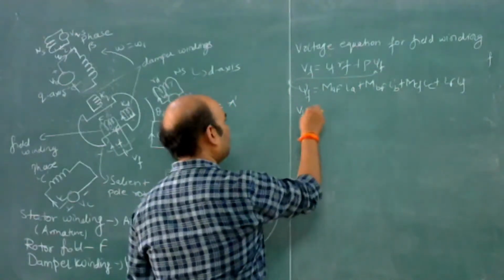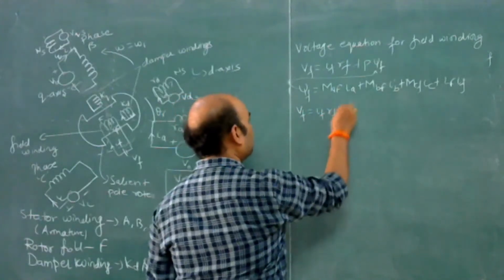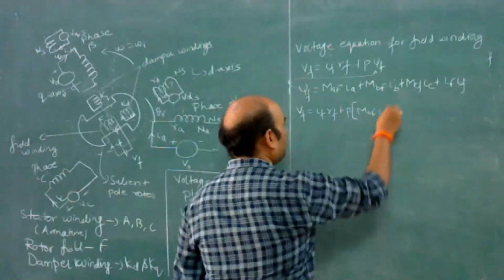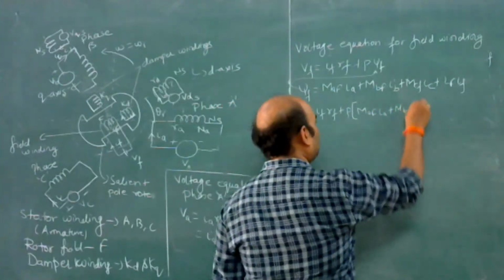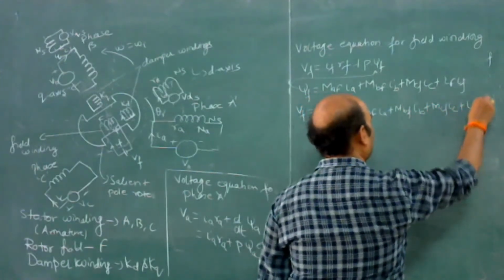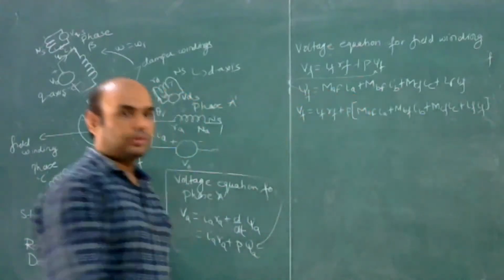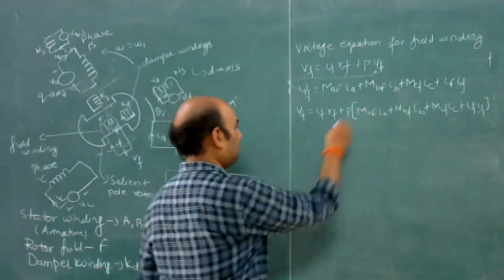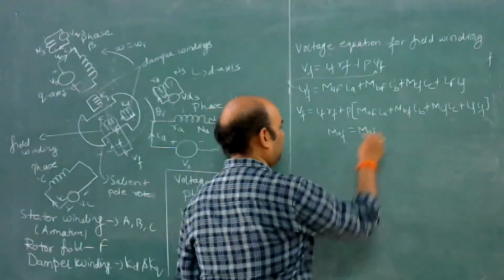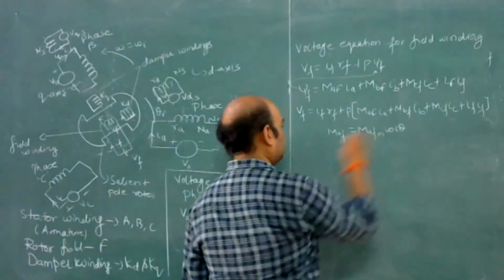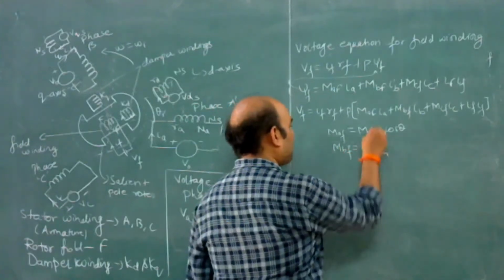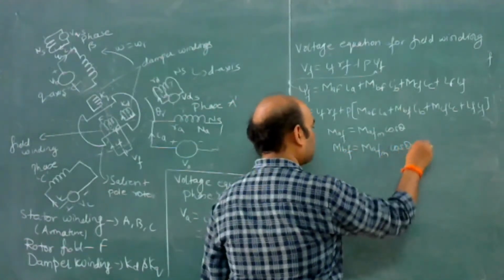So VF will be equal to IF into RF plus P times MAF IA plus MBF IB plus MCF IC plus LF into IF. Okay. And also yesterday we have derived that MAF is equal to MAF into cos theta. MBF is equal to MAF, so this magnitude is same, into cos theta minus 120 degree.